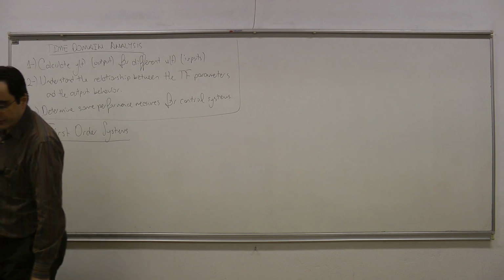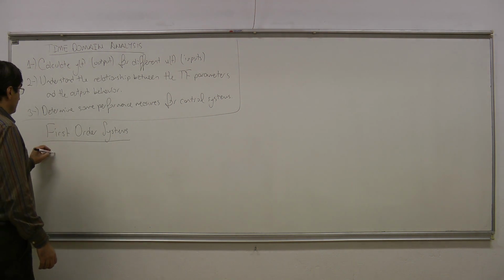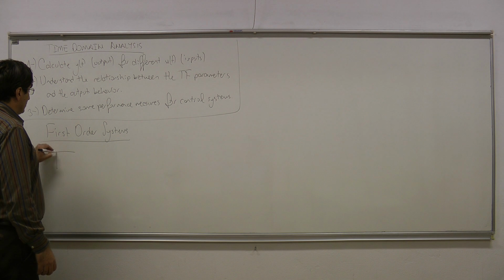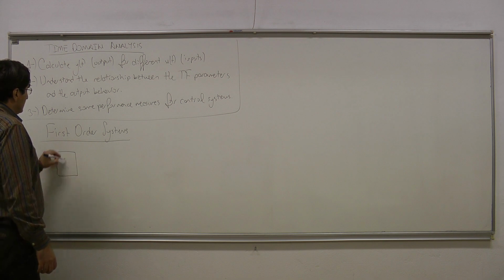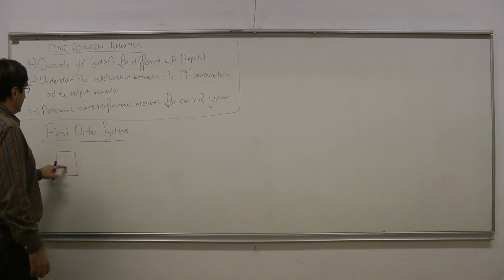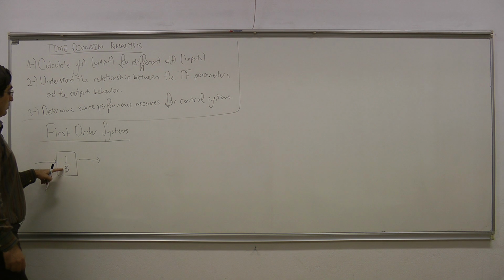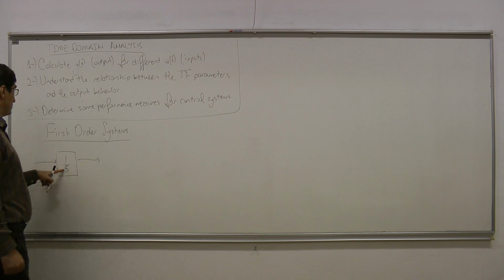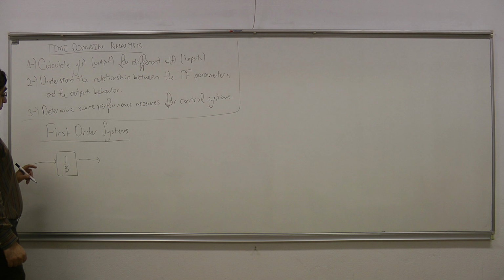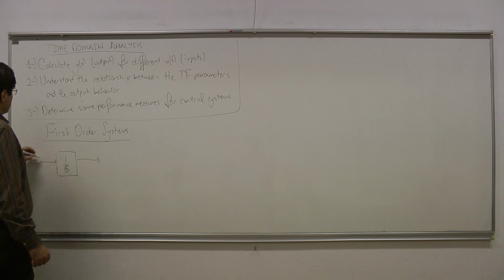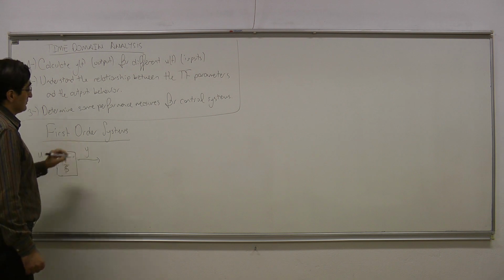That is what we understand by the first order system. What is the simplest first order system? I can have the simplest first order system looking like this, 1 over s. This system is a first order system because the order of the denominator polynomial is 1. Therefore, this is a first order system, and I will claim that this is actually an integrator.